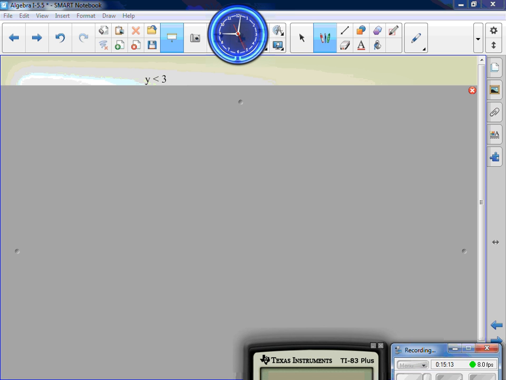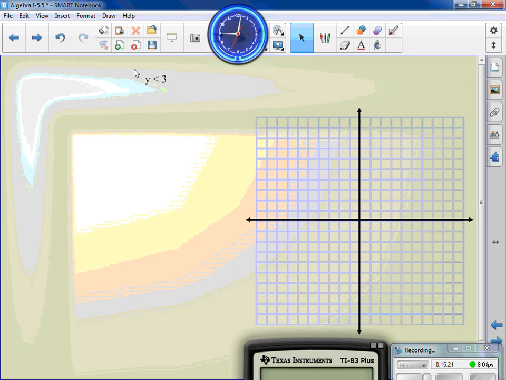Oh, there's one other thing. What type of line is Y, just Y and a number? Y is always 3. Means it is a horizontal line. This is the horizontal line that goes through 3.